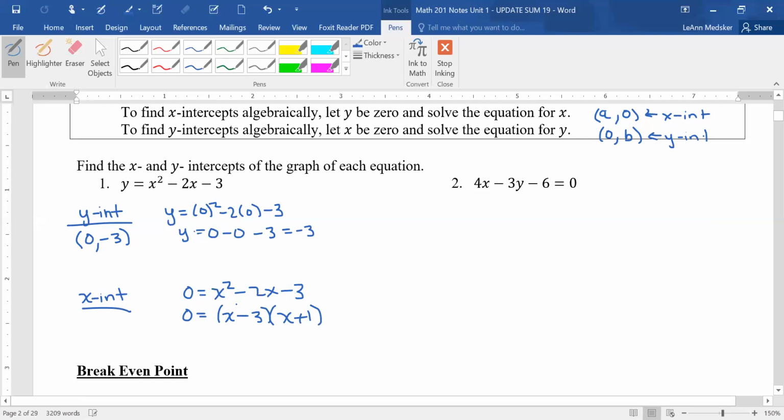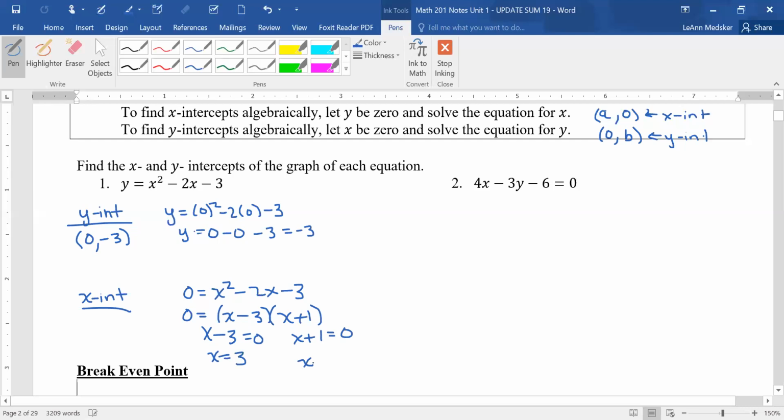We can FOIL this back out and check. This would be x squared plus x minus 3x would be negative 2x, and minus 3 times 1 is negative 3. Then we set each of these individually equal to 0 and solve for each x. Now I'm going to be posting on the YouTube channel a video of factoring review.